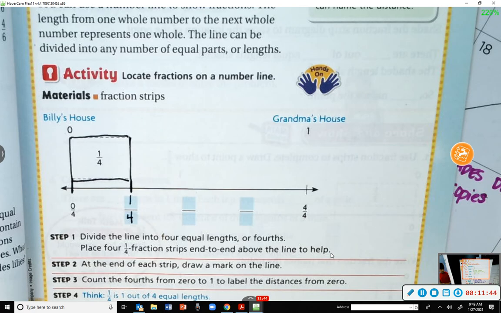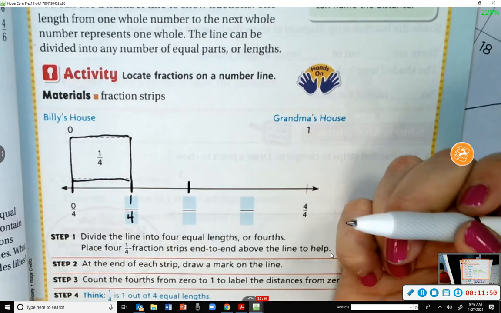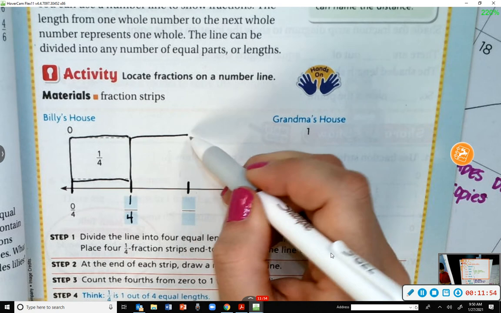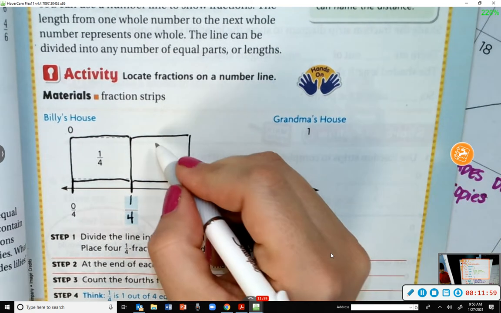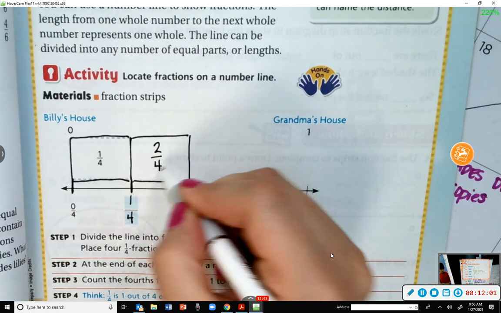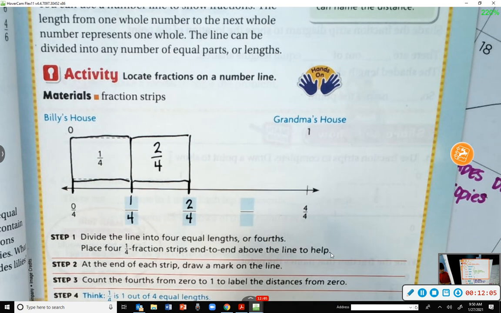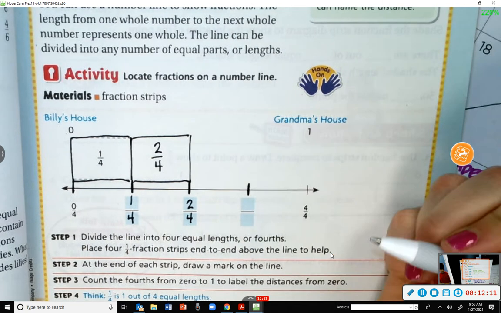Put it up and pay attention. Okay, so now go ahead and put a little mark here above the next blue box. From here to the next line would be what? 2/4. Good, Allie. So 2 is your numerator, 4 is your denominator. Okay, and now we have another blue box.